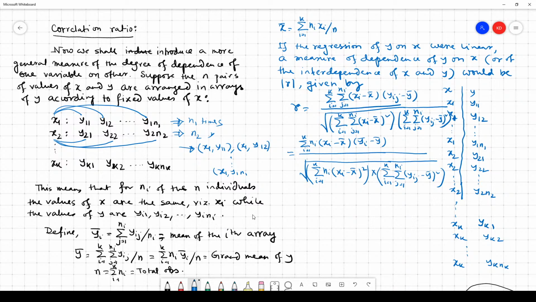And r square, which is the variance of capital Y, that means summation i from 1 to k, sum over j from 1 to ni of (capital Yi minus y bar) whole square, because we know the mean of the predicted value is the same as the mean of the observations, divided by the total number of variations, sum of (yij minus y bar) whole square.